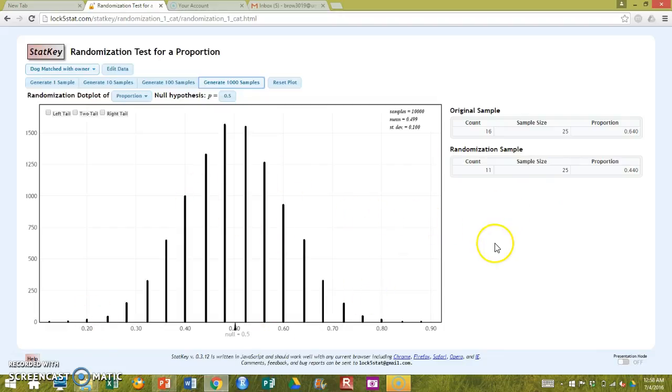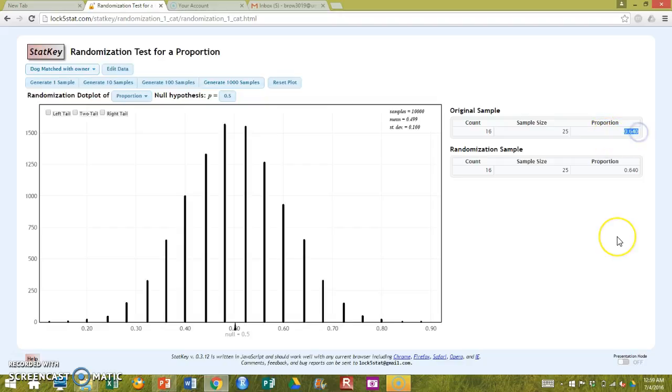So now this is it, and here's the question we ask. Here is what my world looks like, assuming that dogs cannot be matched to owners better than random chance, better than 50%, better than a proportion of 0.5. This is what my world looks like.